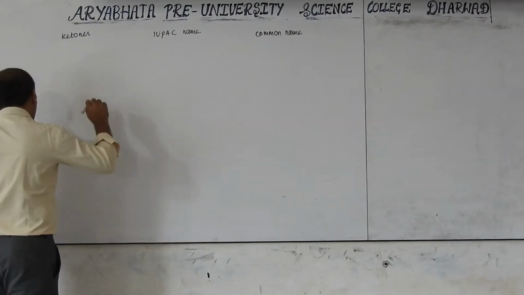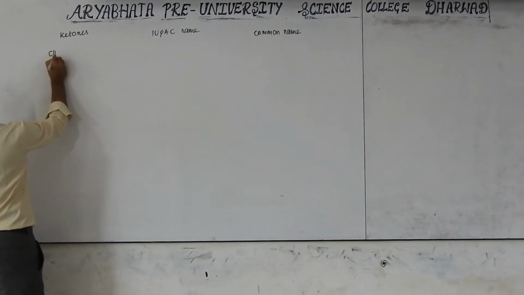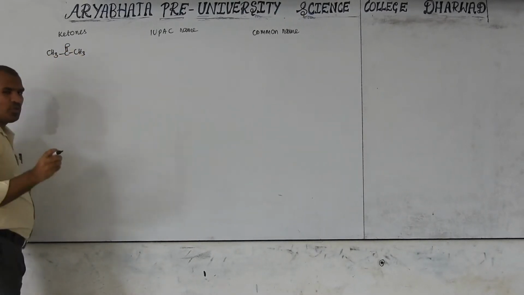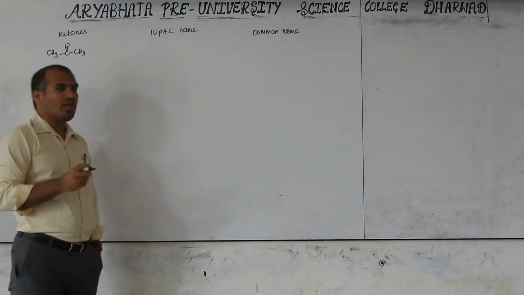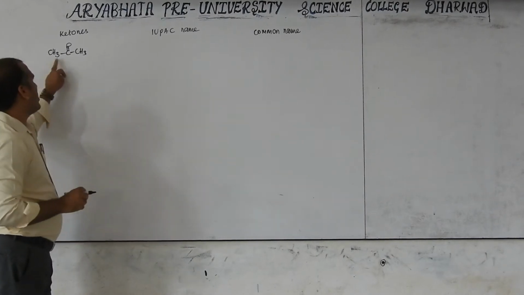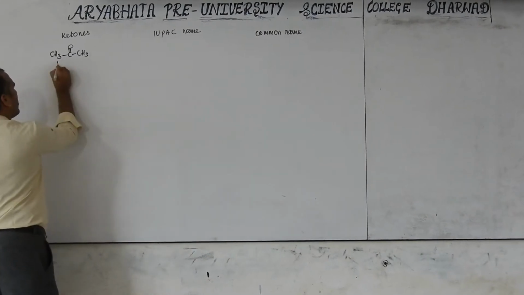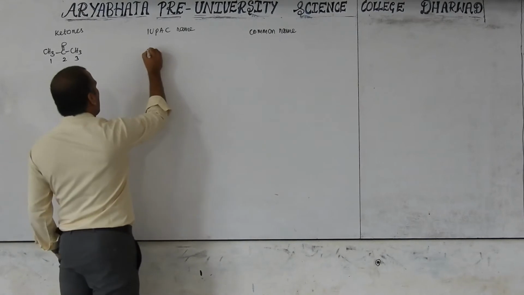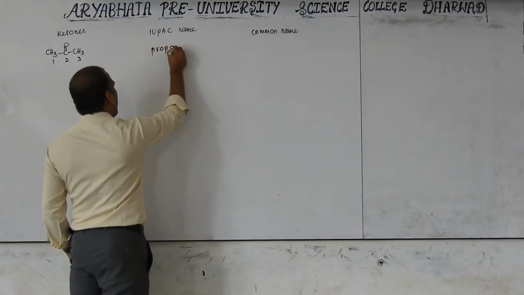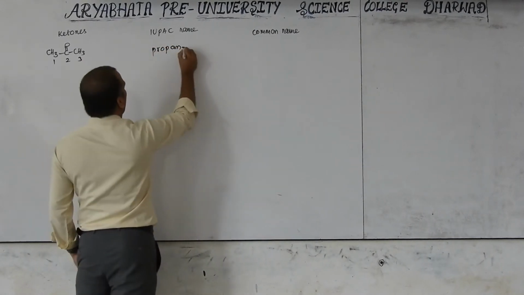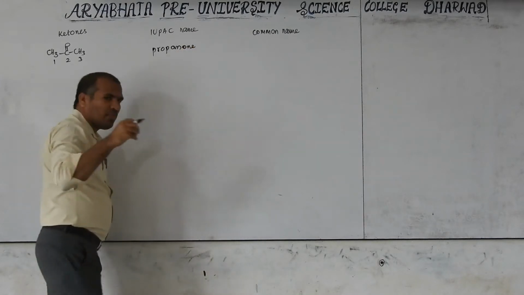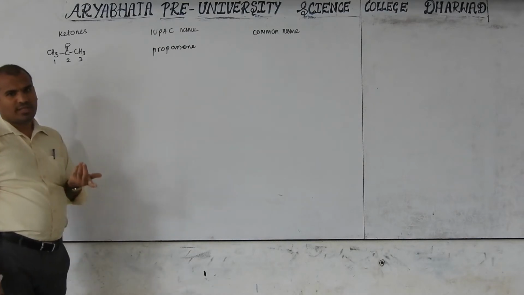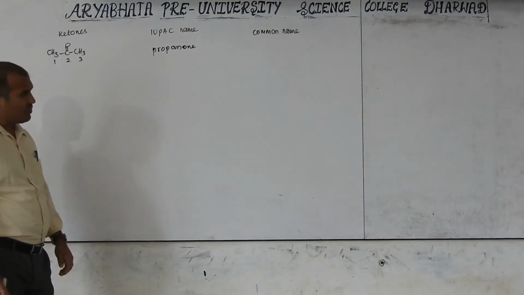Next, for example, the basic ketone, CH3, C double bond O, CH3. With 2 carbons or 1 carbon, no ketone is possible, only aldehydes. Now with 3 carbons, numbering from right to left or left to right is the same. It is called propane, remove E, add one, propanone. The number is not indicated because either side gives the same number.